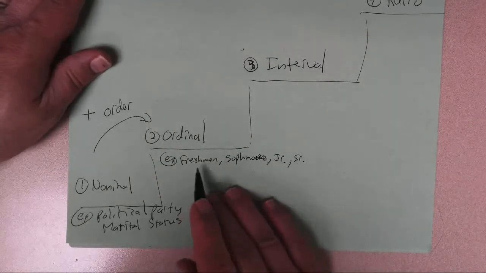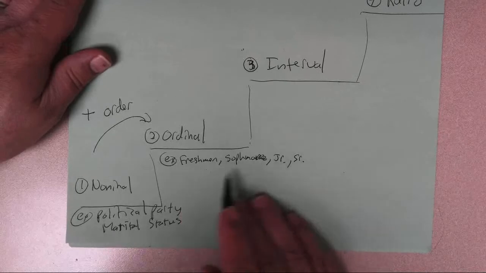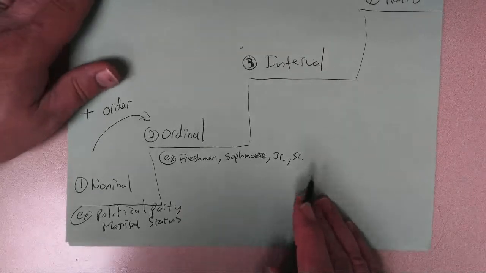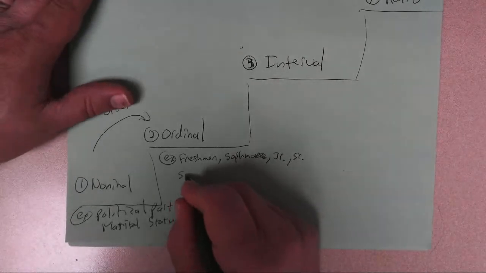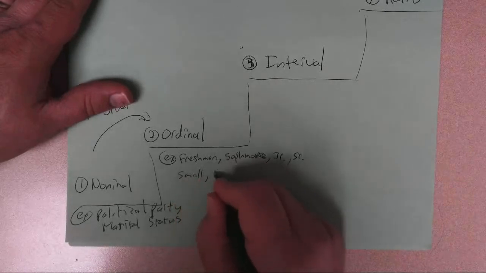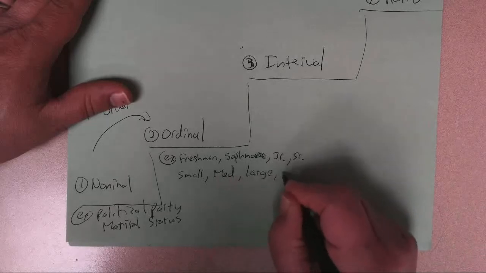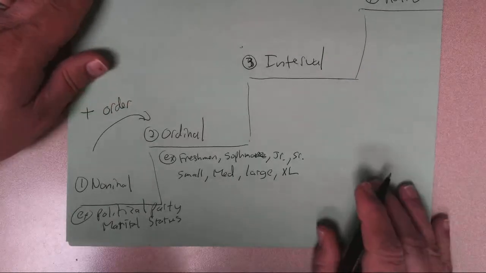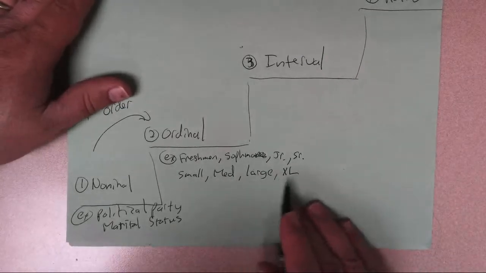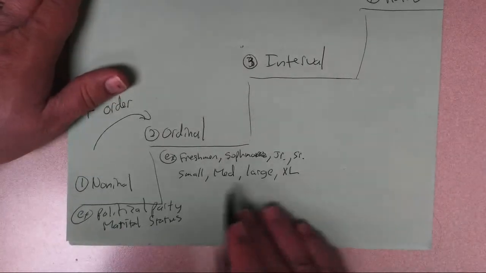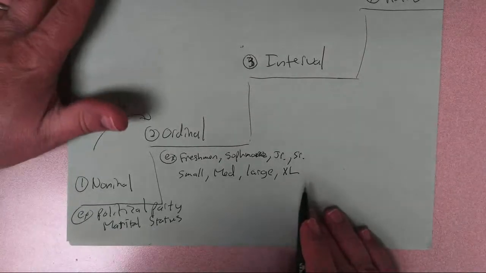If I had these categories, you would naturally put them in that order. Another one might be small, medium, large, extra large. Again, these are different categories, but they have a natural ordering to them.